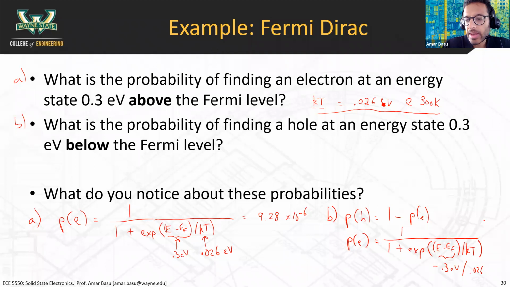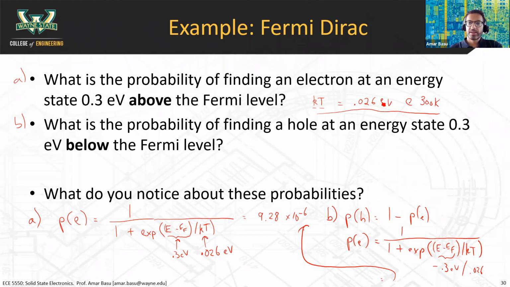Without going through all the math here, you'll find that this is the same as this. This has to do with the symmetry of the Fermi function. So I'll let you look at that and discover that on your own.